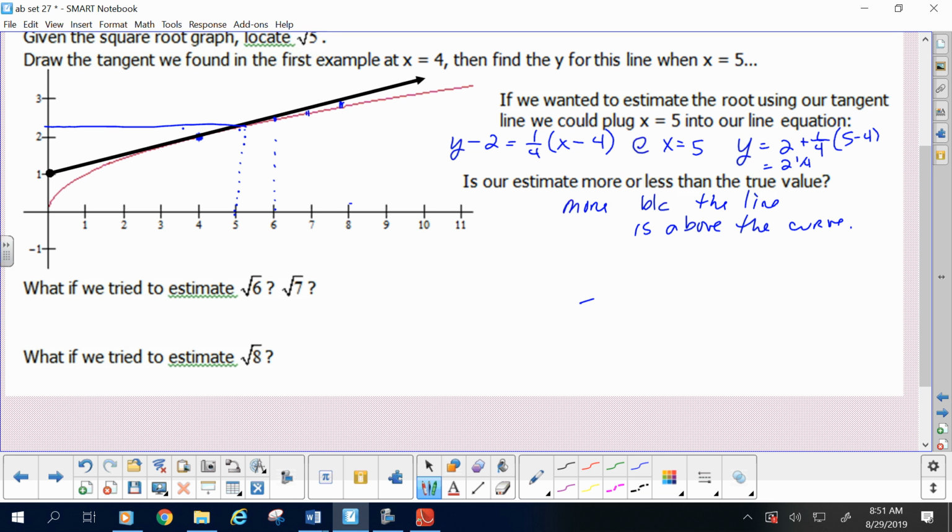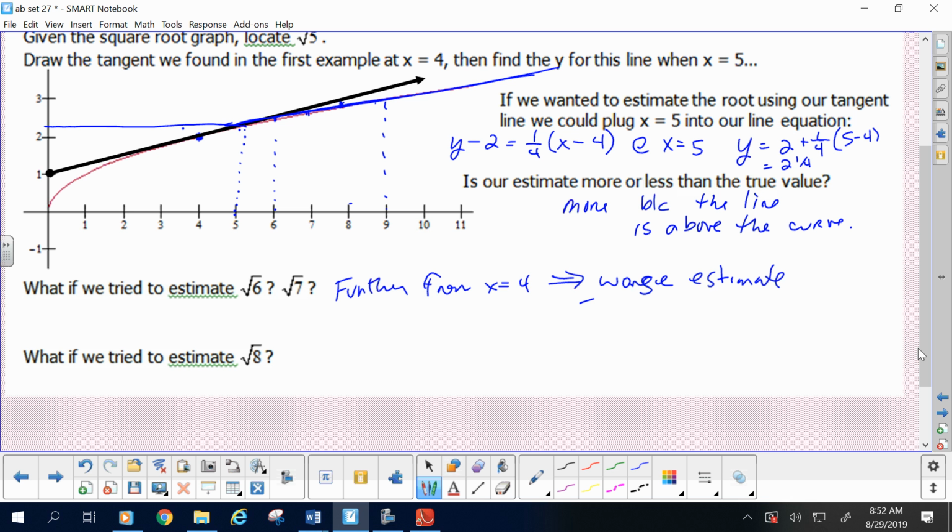Yeah, instead of doing a tangent line at 4, which is way far away from 8, we could do a tangent line at 9 because it's a good square root, and it's doggone close, and it has a smaller difference. So the idea is further from x equals 4 yields a worse estimate.